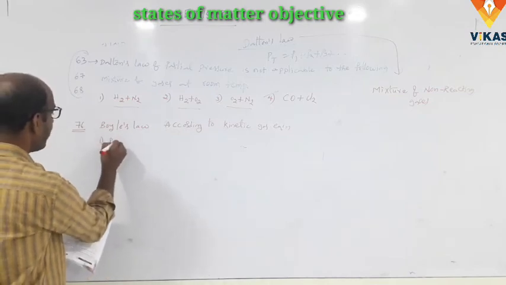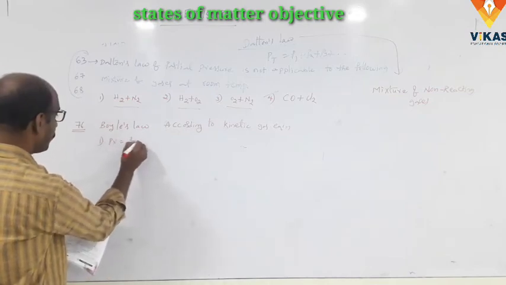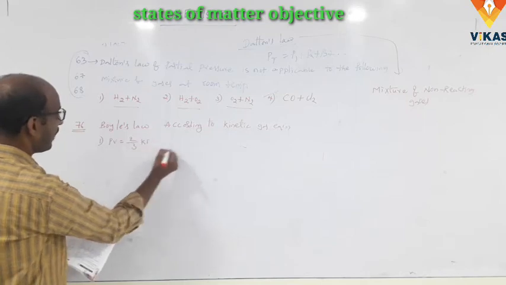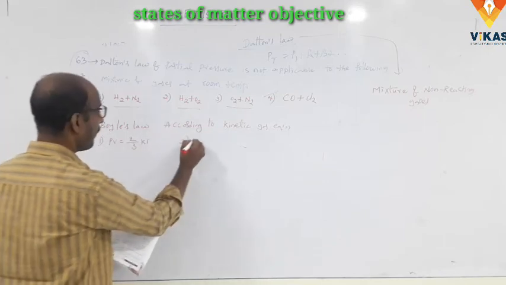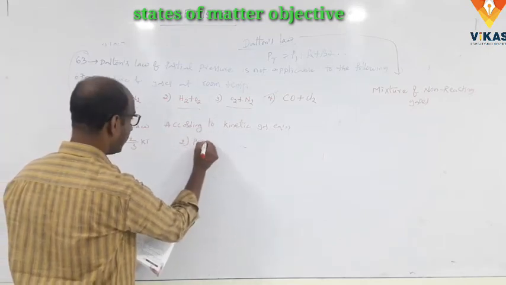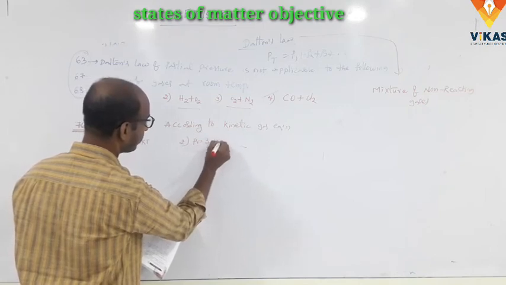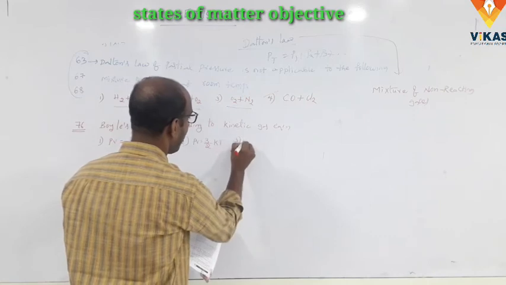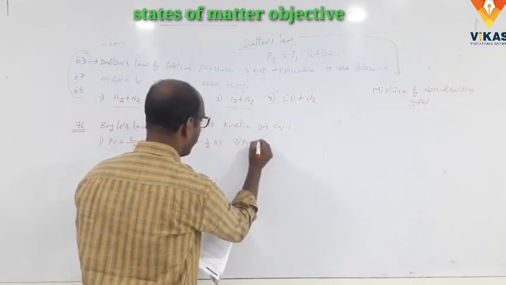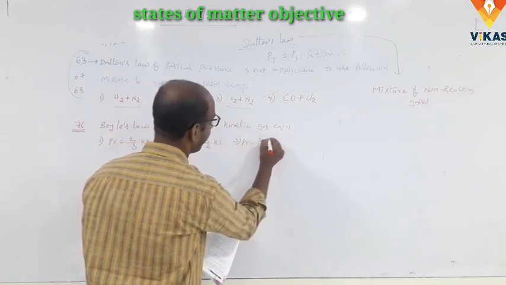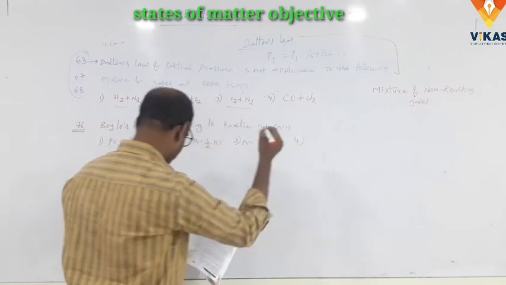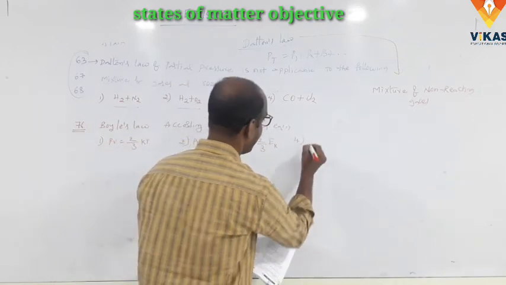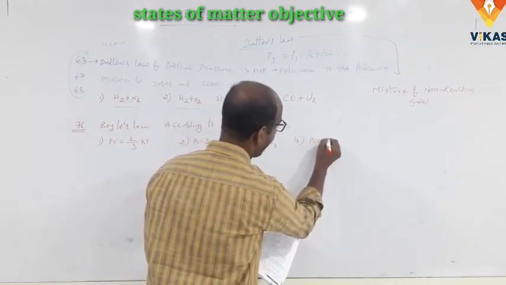Option 1, PV is equal to 2/3 kT; second one, PV is equal to 3/2 kT; third one, PV is equal to 2/3 EK; and fourth one, PV ఈజ్ ఈక్వల్ టు RT.